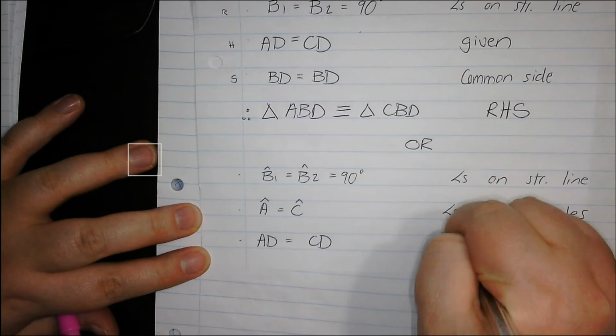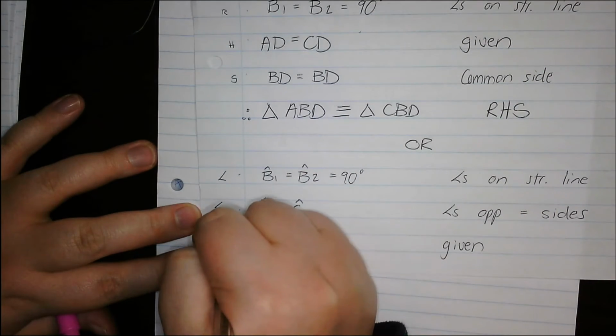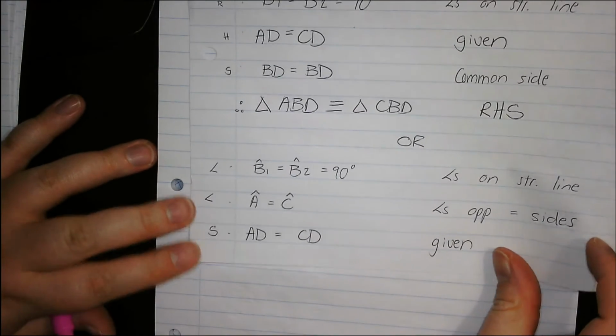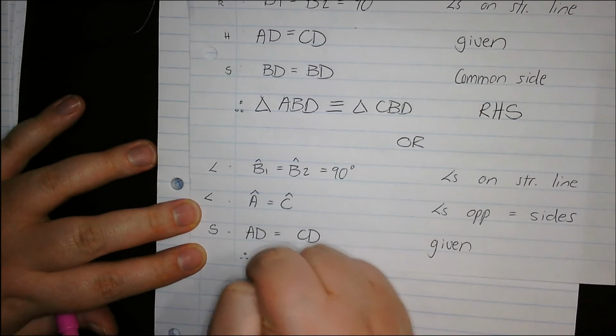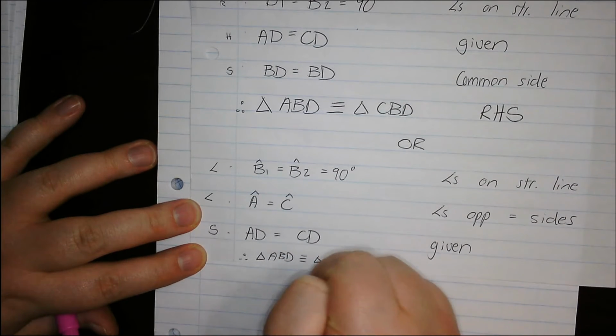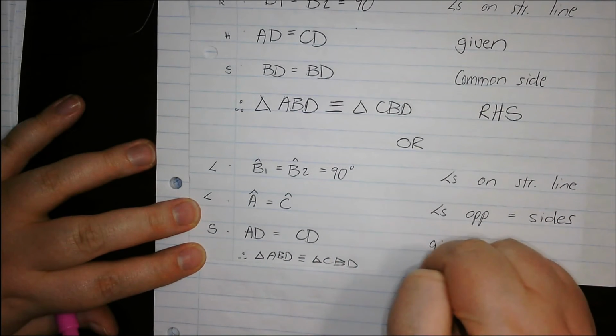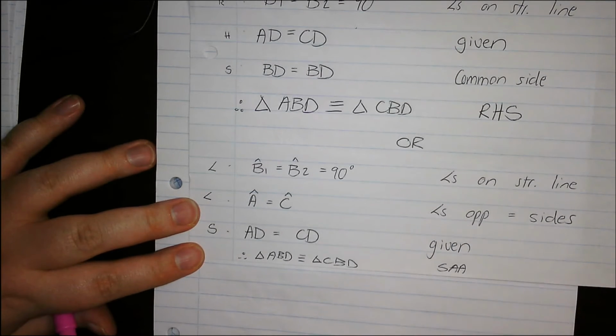That was given. Now we have an angle and a side. So we have side angle, angle. I'm just going to write it down here. Triangle ABD is congruent to triangle CBD because of side angle, angle. And that's two ways. All right.